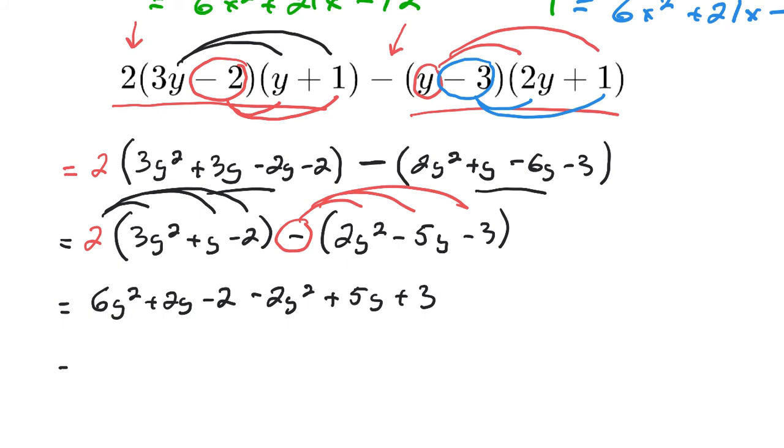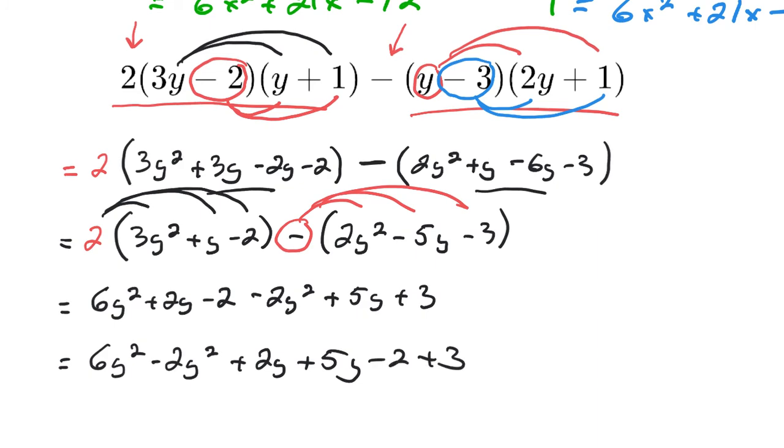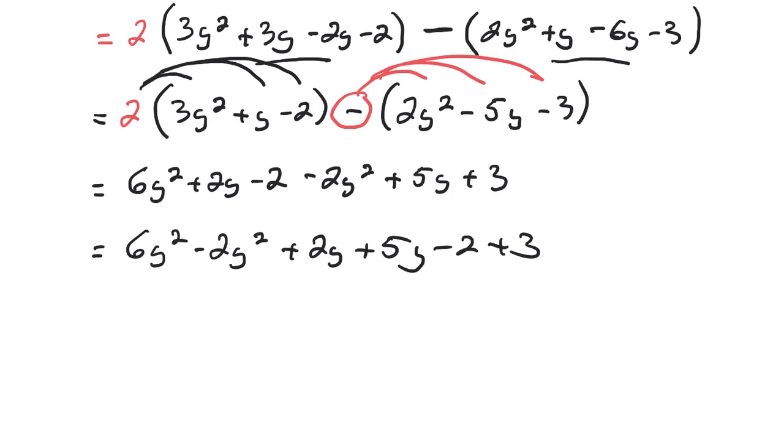We're now going to collect like terms. So 6y squared minus 2y squared plus 2y plus 5y minus 2 plus 3. And the end result will be 4y squared plus 7y plus 1.